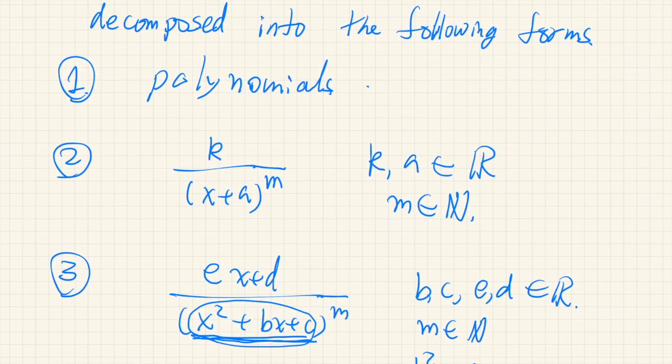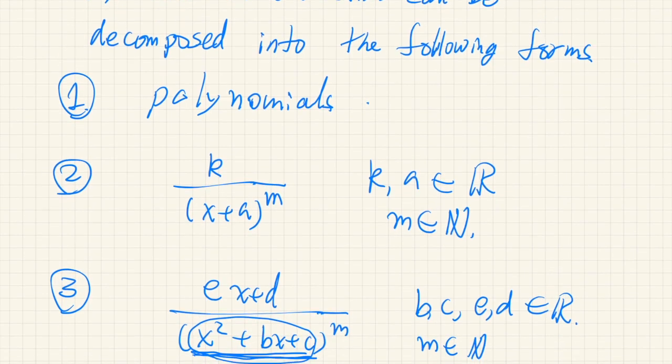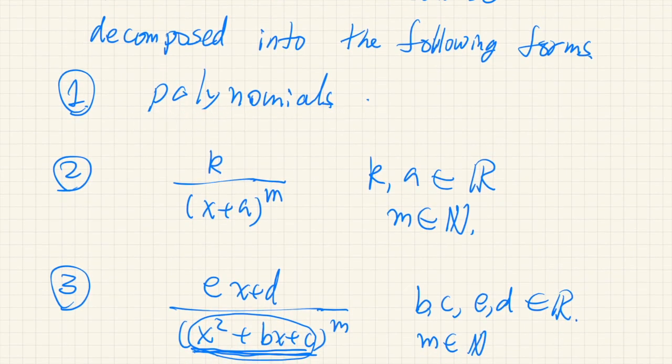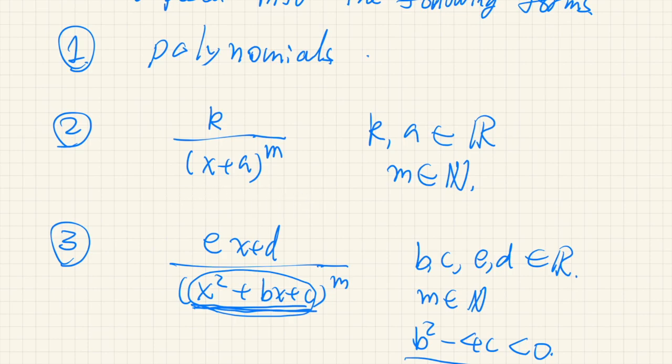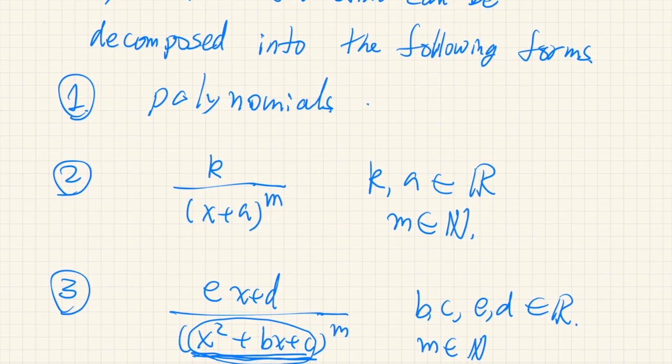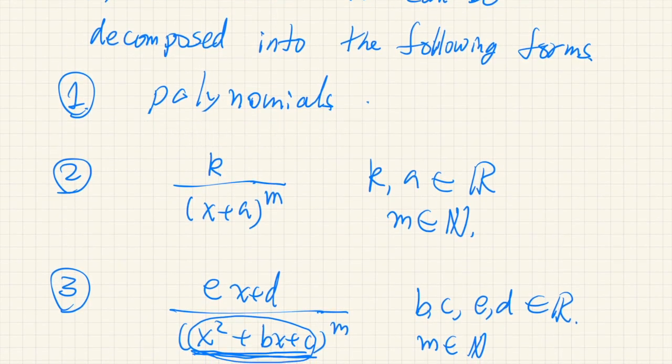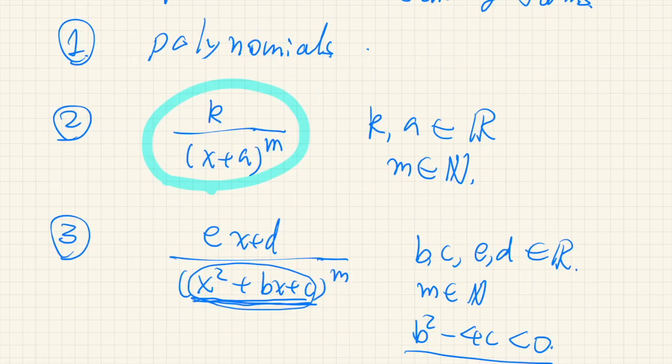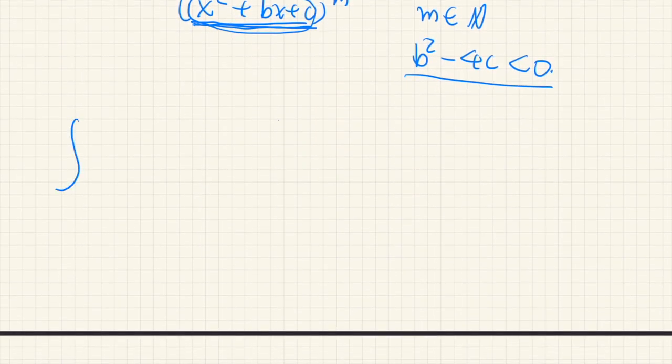So any rational function can be decomposed into the finite sum of either polynomials or of this form or of this form. Now we know how to integrate polynomials, and let's consider how to integrate the functions of this form in general next. Okay, so for this integral k over x plus a to the power of m, we consider two different scenarios.